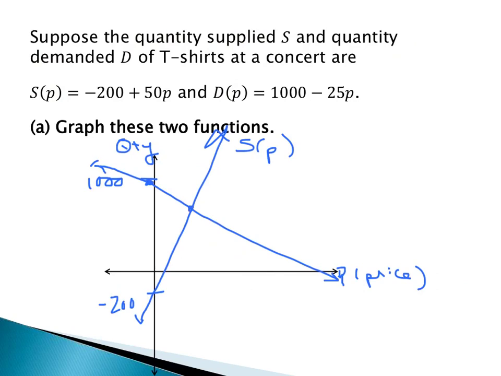And here where they meet, this is the equilibrium price. Sorry. This is the equilibrium point. I did say price, didn't I? It should be equilibrium point, which includes the price and quantity, which we will get to when we find it.